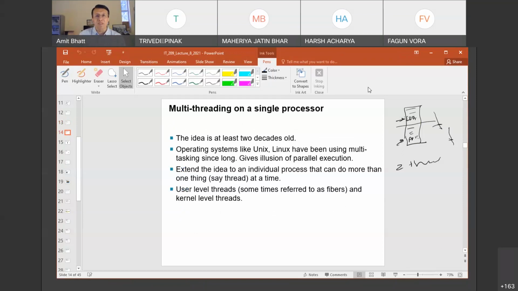Say, for example, a functional unit is not available, or a memory miss has occurred. In that particular case, you want to stop that thread from execution, take away control from that thread and put another thread in, and let that thread start working.